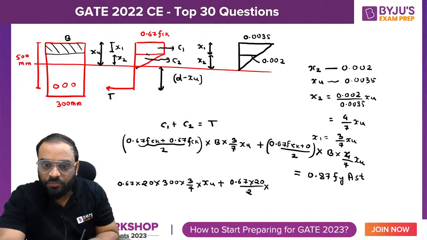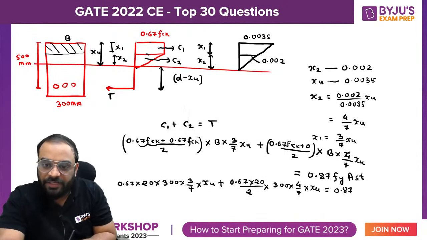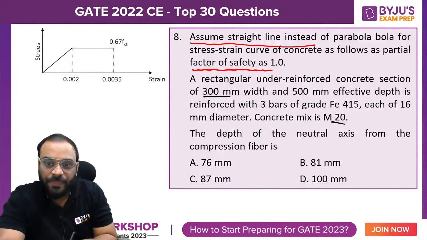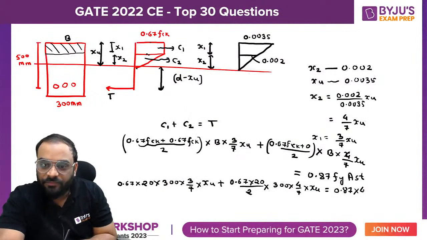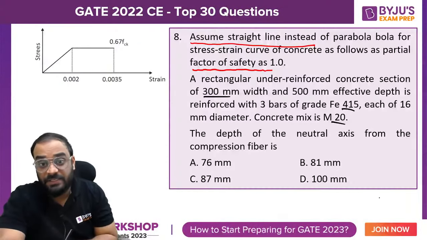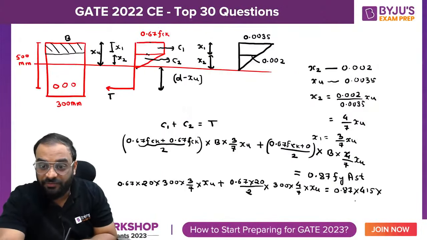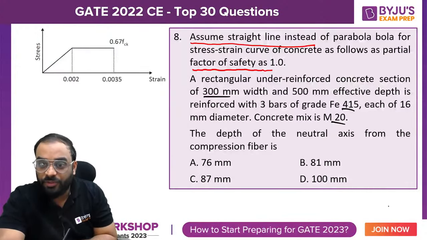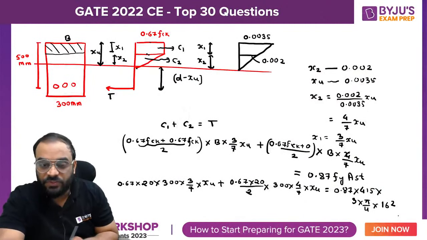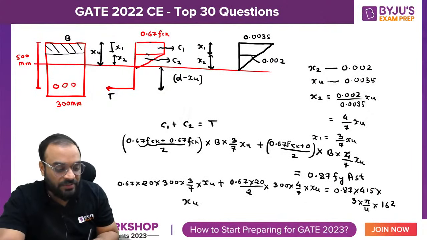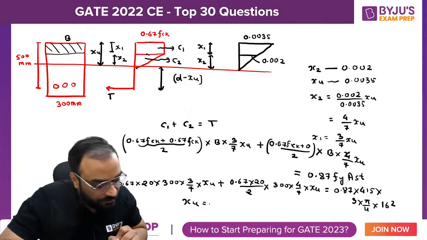Divided by 2. Multiply by B. B is equal to how much? B is 300. Multiply by 4/7. Multiply by XU is equal to 0.87 FY. FY is equal to how much? 415. AST. AST is equal to how much? 3 bars we have. 3 into pi by 4 into 16 square. So just solve it and let me know the answer. XU is equal to how much?